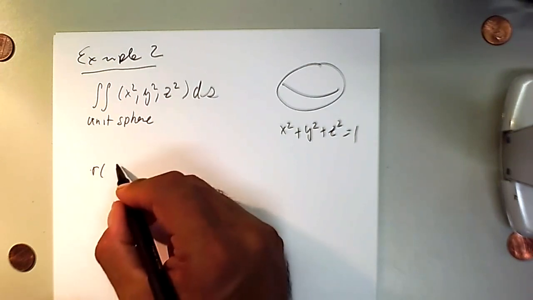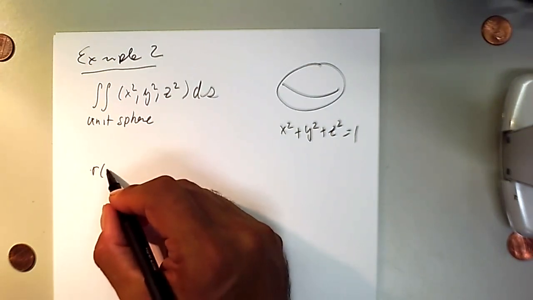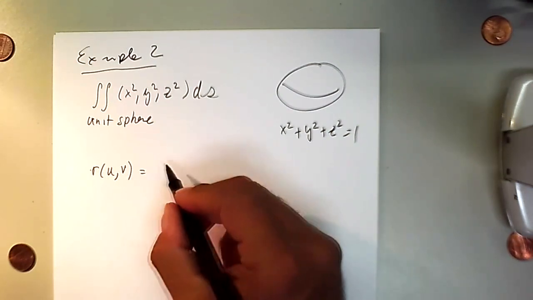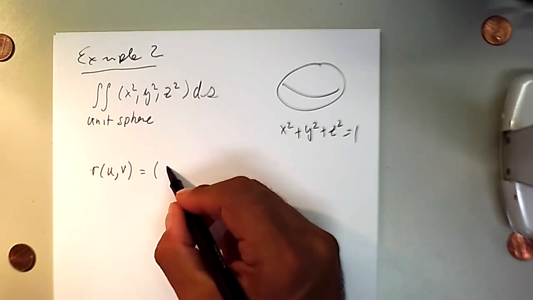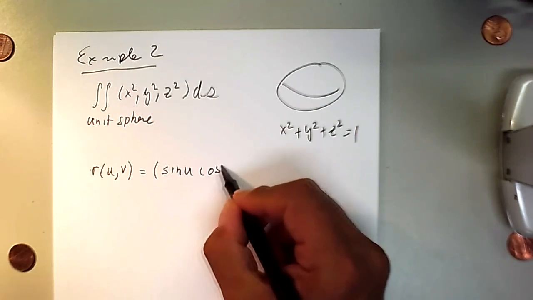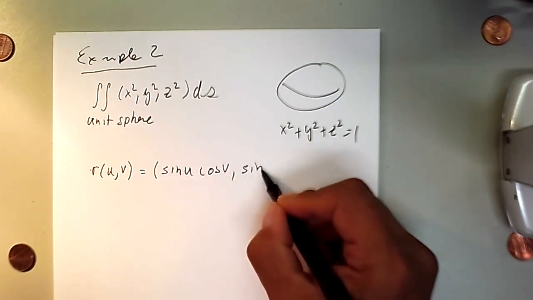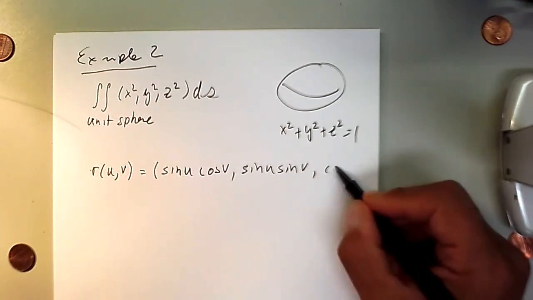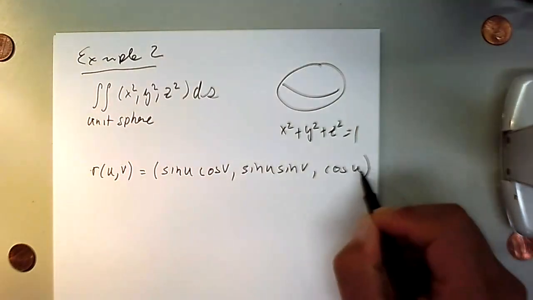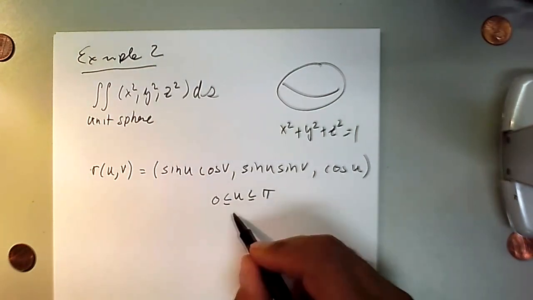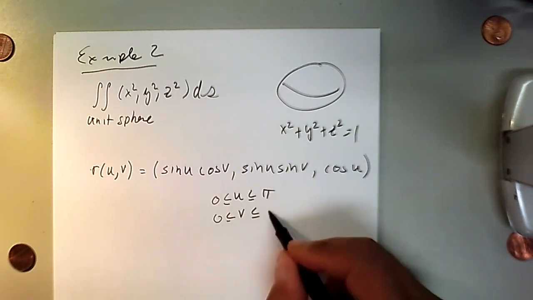So for a unit sphere, a good parameterization perhaps would be in u and v. It's a unit sphere, so we don't need a radius. Maybe sine u cosine v, sine u sine v, and cosine u will do, where u goes from 0 to pi, and v goes from 0 to 2 pi.